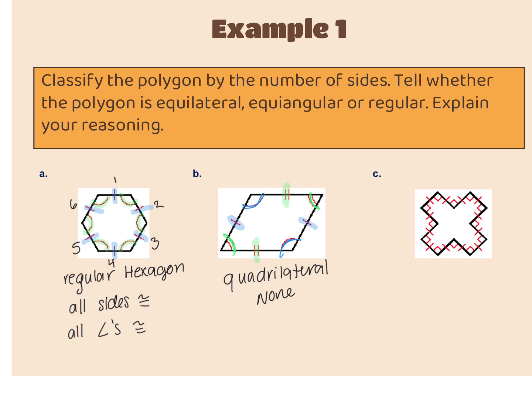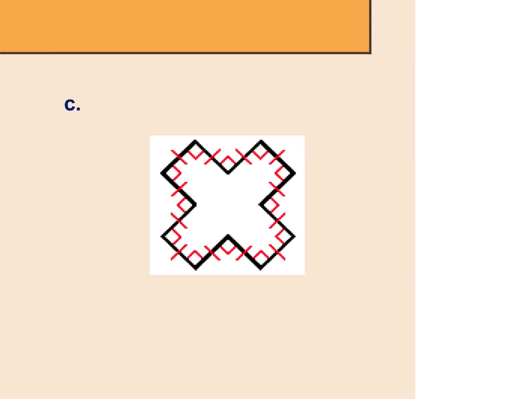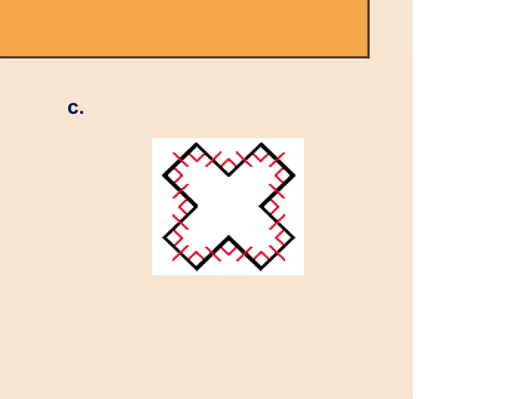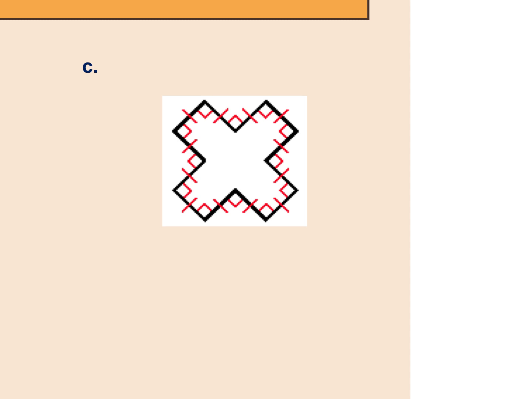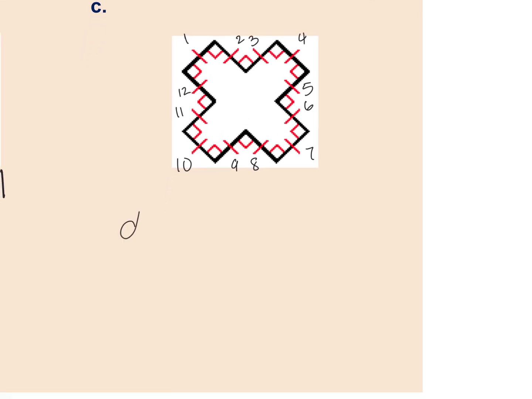All right, looking at C, are all my angles and sides congruent? First, I want to figure out what I would name this. Let's figure out how many sides there are. I have 1, 2, 3, 4, 5, 6, 7, 8, 9, 10, 11, 12. I know this is going to be called a dodecagon.